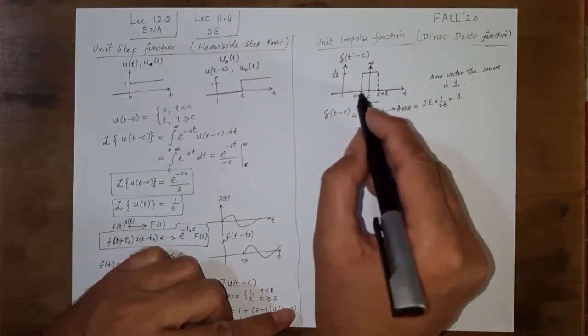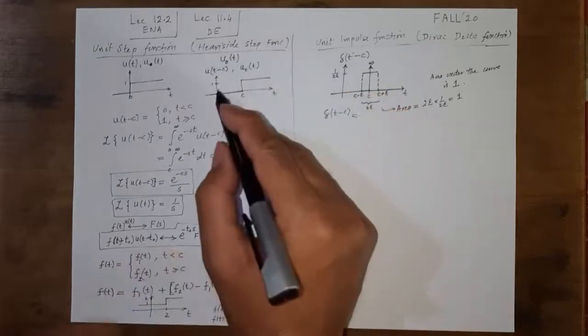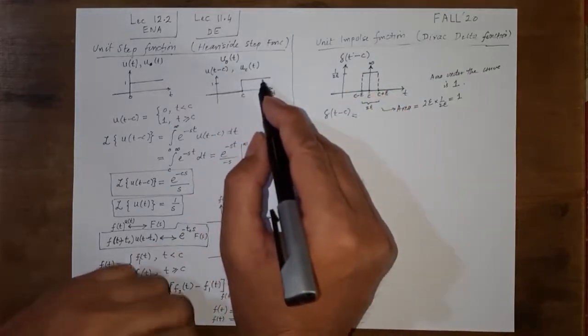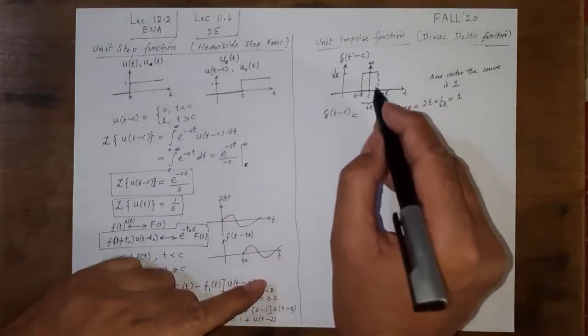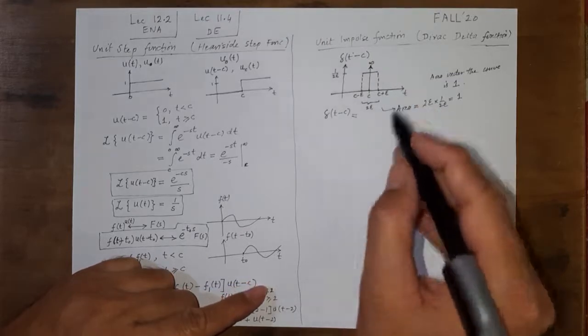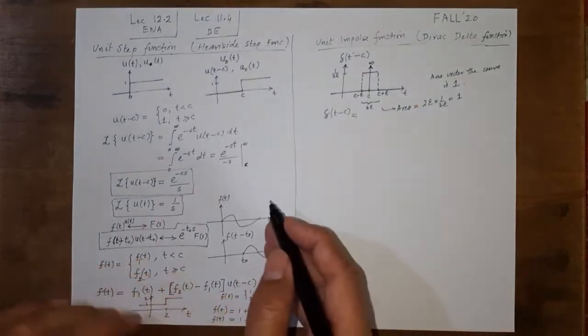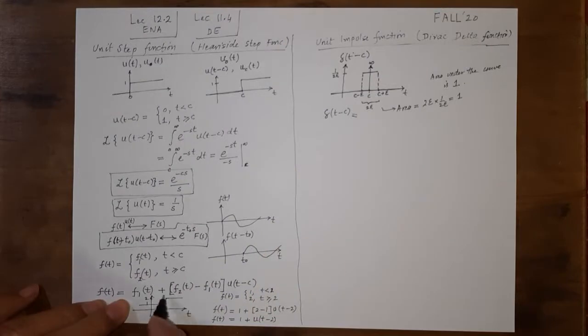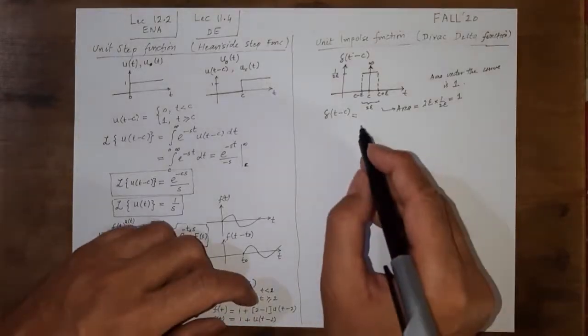So basically when you go up, you use a positive unit step function. When you come down, you use a negative unit step function. So if there is a discontinuity with a positive rise, you add a unit step function. But if there is a drop in the value, then you subtract the step function.